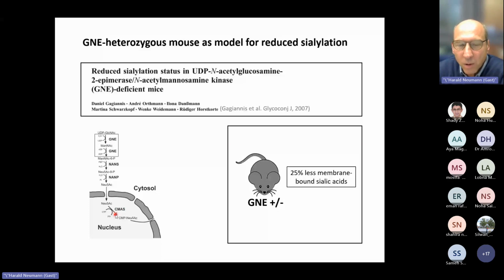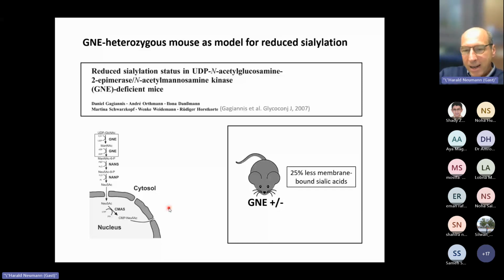If you knock out sialic acid production completely in mice, it's lethal. The mice die early in embryonic development, about E12 to E14, and they have overshooting complement activation. They have a very strong complement activation and cannot go into full development because of this complement cascade.